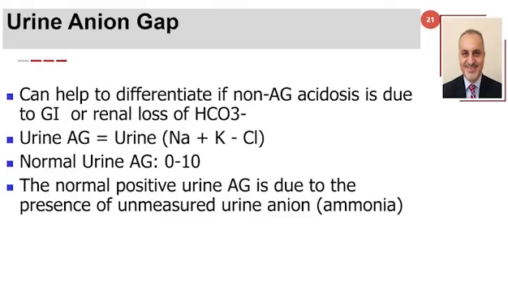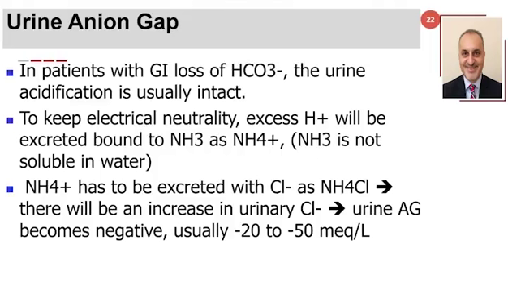Now, go back a little bit to physiology. If you are losing extra amount of bicarbonate through the GI tract, such as somebody having significant diarrhea, typically the urine acidification system in the kidney should be intact. So whenever you are acidic because your bicarbonate is being lost, the kidneys will start excreting significant amount of hydrogen ion.